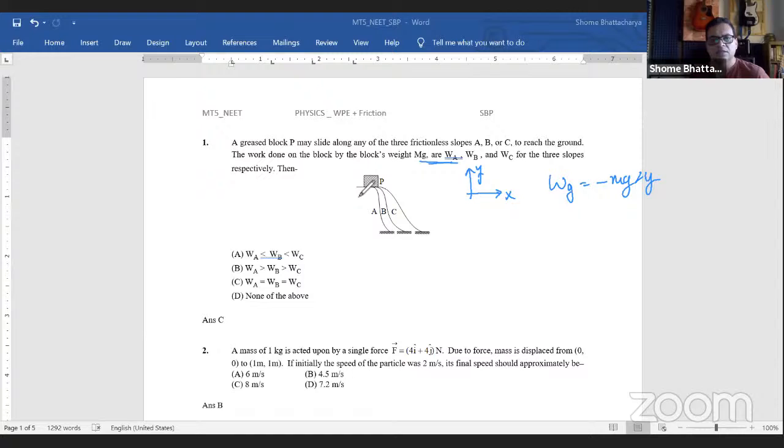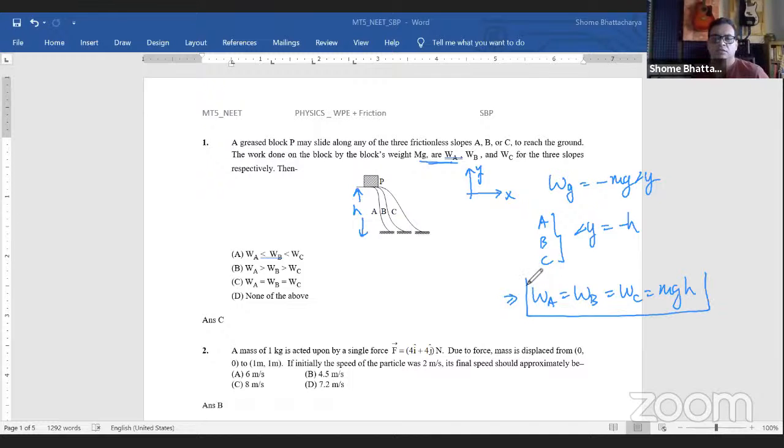Now if this height is h from here to here, then in each of the 3 cases, A, B, and C, in all these 3 parts, the vertical displacement is minus h. So in all 3 parts, the work done by gravity is the same. It is equal to mgh.